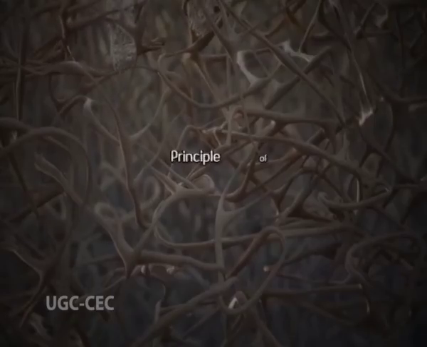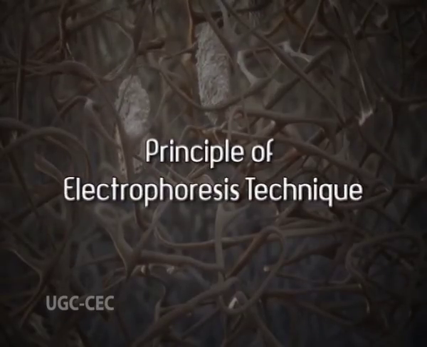So now we come to the principle of electrophoresis technique. The fundamental principle behind electrophoresis is the existence of a charge separation between the surface of the particle and the fluid immediately surrounding it.